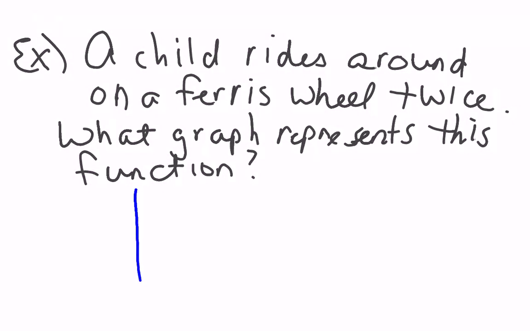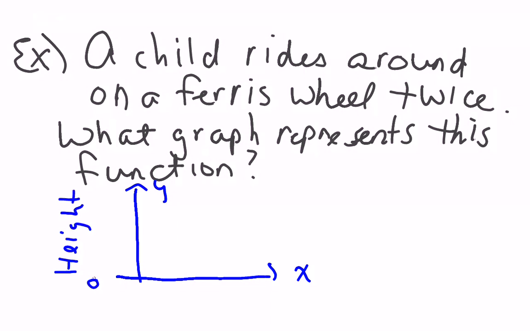So our graph that we're going to use is an X and a Y. And so we would have on the side height above the ground. And then we have time, right? It takes time to ride the Ferris wheel.